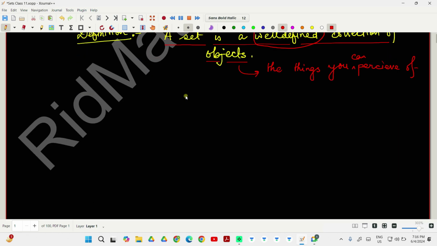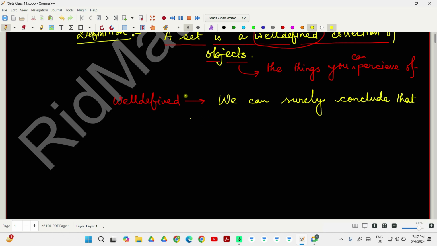Well defined means we can surely conclude whether an element is in the set or outside the set.